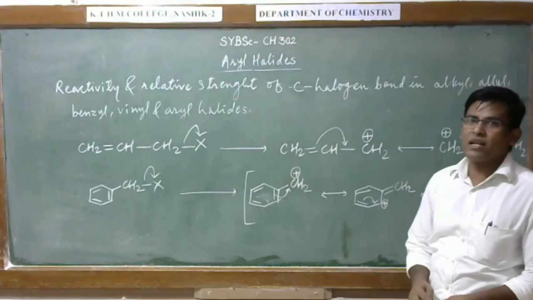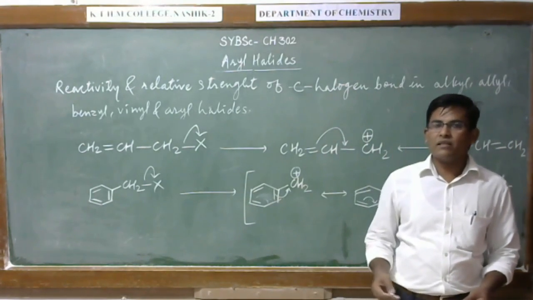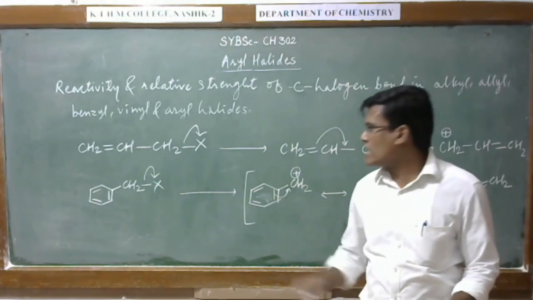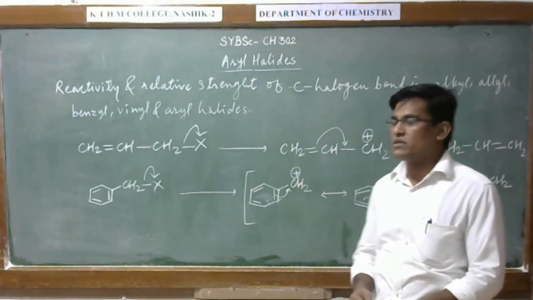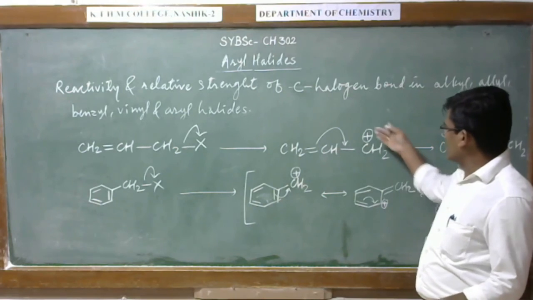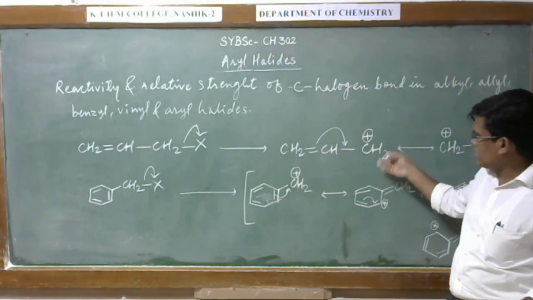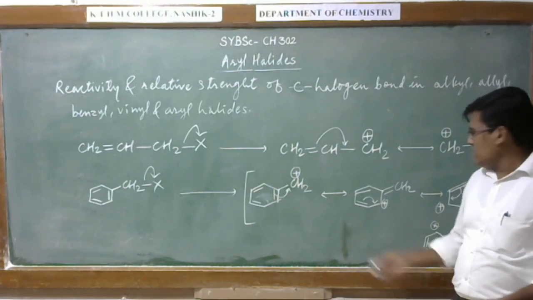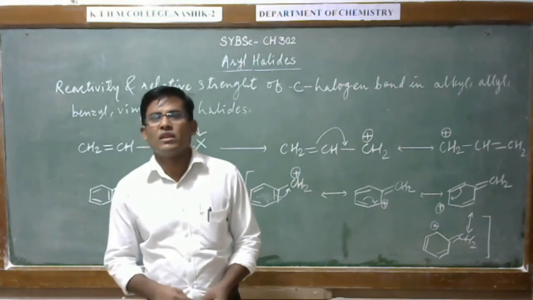This primary allyl halide and this benzyl halide can show the higher reactivity because they undergo the SN1 reaction, because the initially formed carbocation, allyl cation and this benzyl cation, can be stabilized by resonance. Okay, so it will undergo the SN1 reaction.